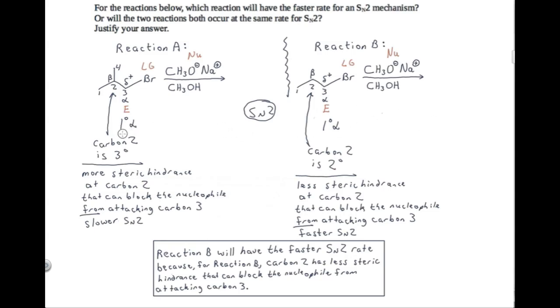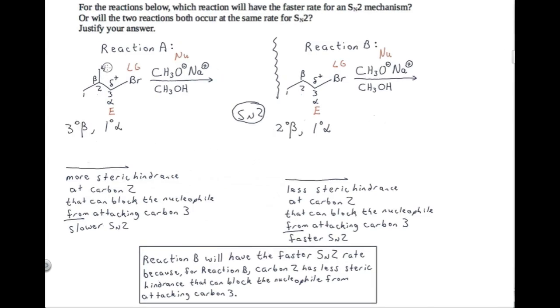So then we could say here that it's the beta carbon that's tertiary in this picture and the beta carbon that's secondary in this picture. In this picture, the beta carbon is tertiary, whereas in this picture, the beta carbon is secondary. And that gives us another way to describe our reasoning.